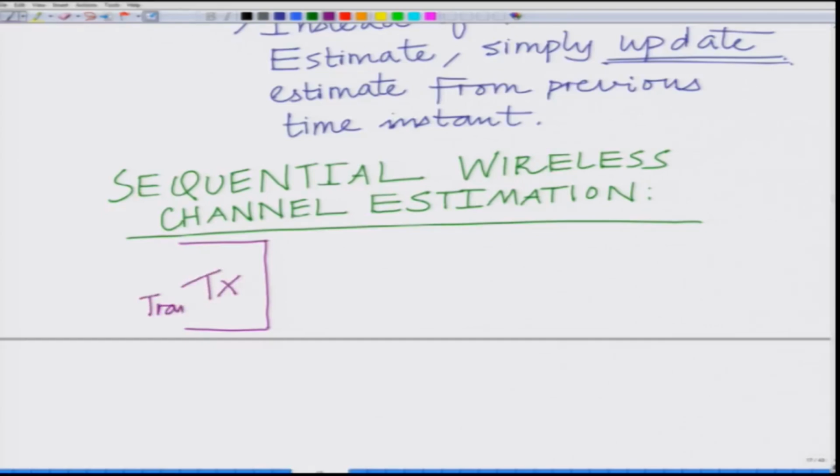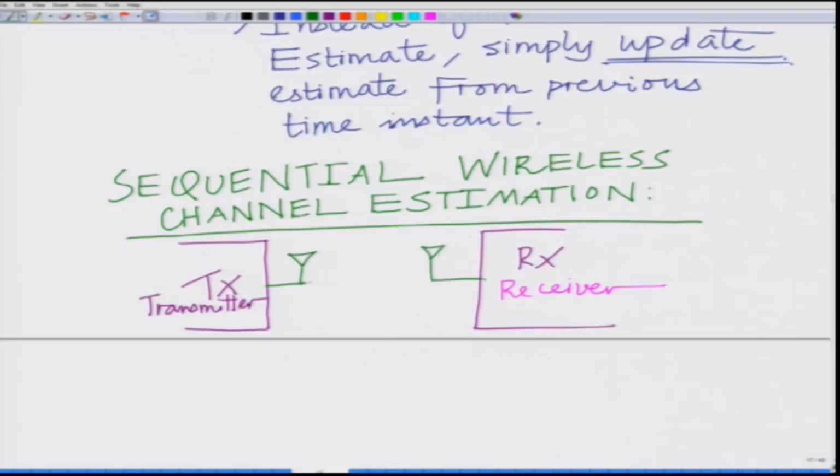And remember, in wireless channel estimation, we have the transmitter and the receiver. Let us consider the simple scenario where we have a single transmit antenna and a single receive antenna.